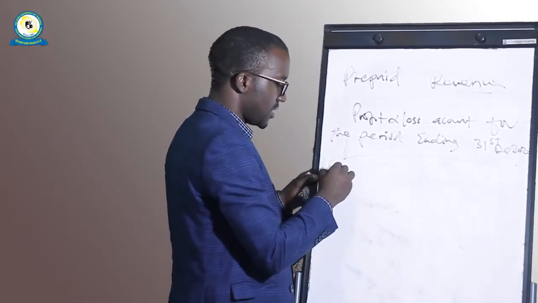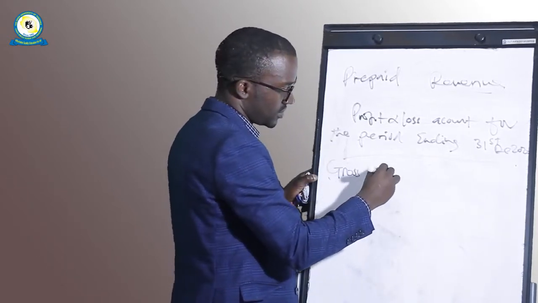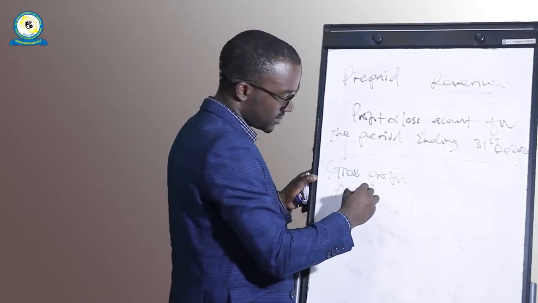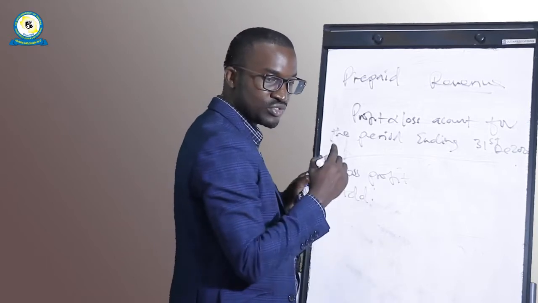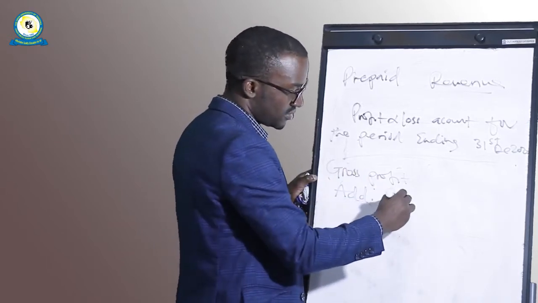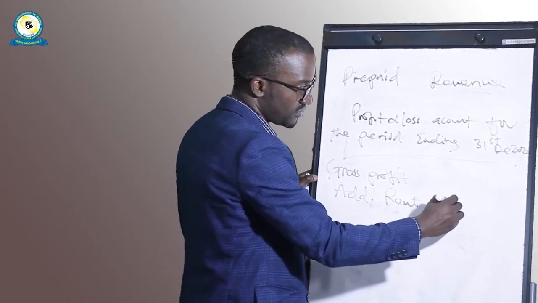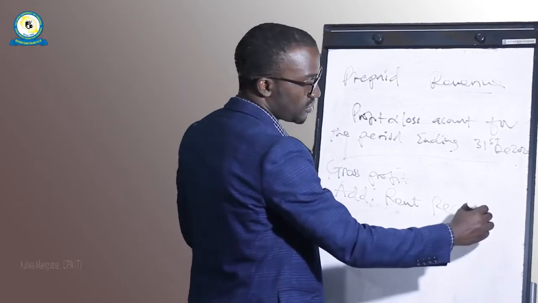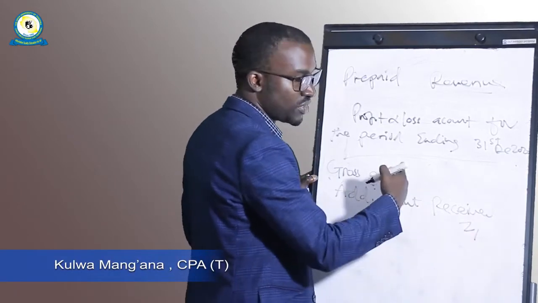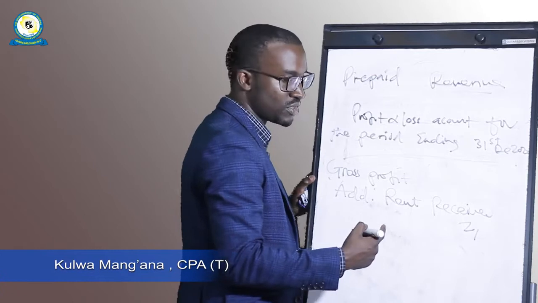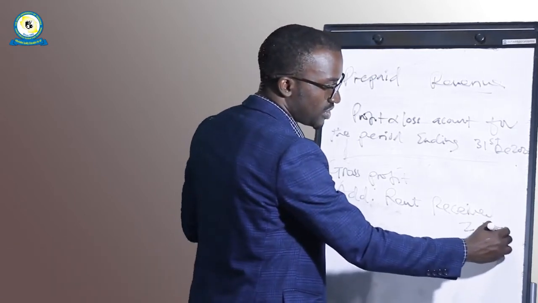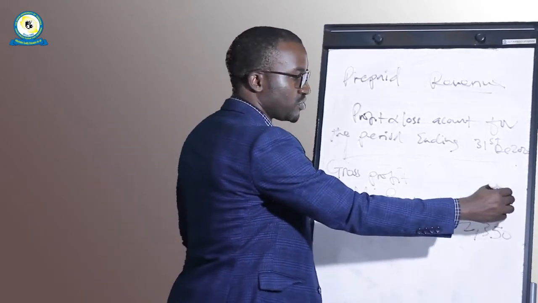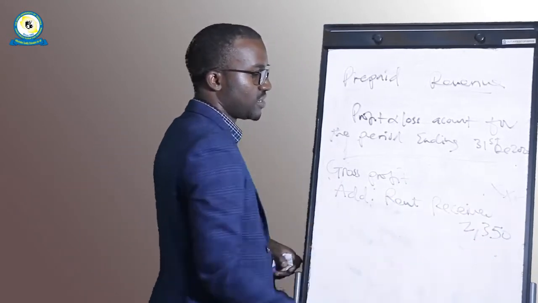Then under the gross profit here, you're going to add rent received. How much are you going to add? The figure that was taken to the P&L, 2,350. So this is an extract, okay? That is the gross profit. You show that you have an amount of gross profit, then you add this figure, okay?